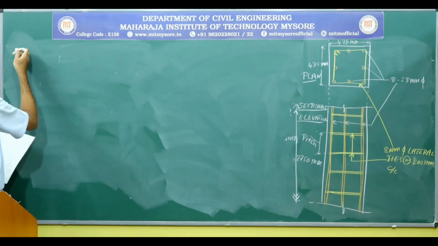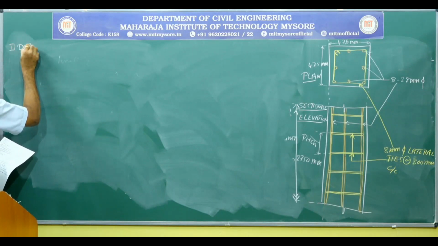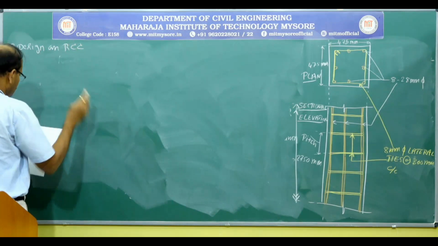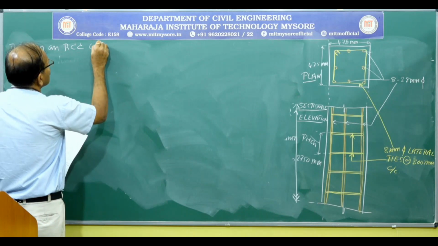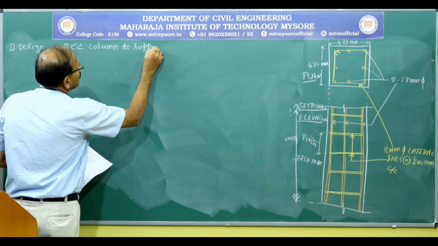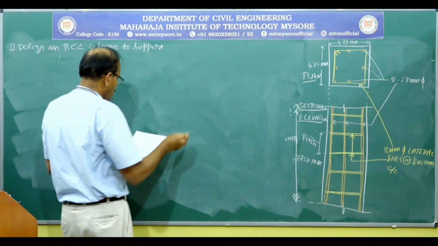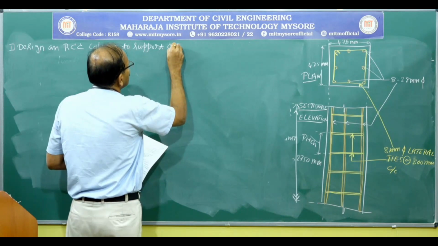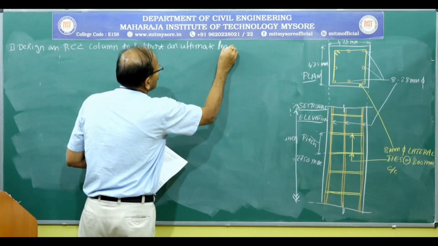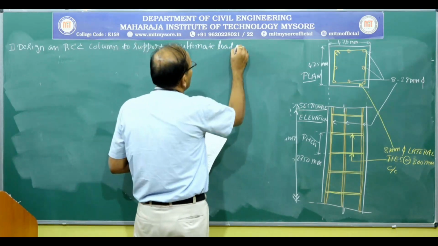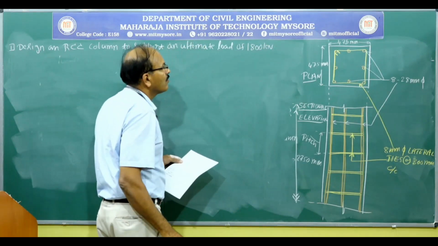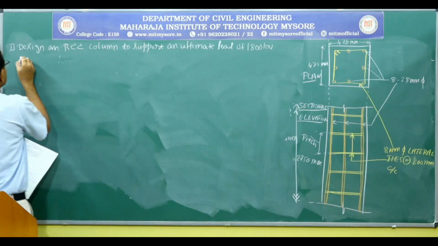Design an RCC column to support an ultimate load of 1800 kilonewton.